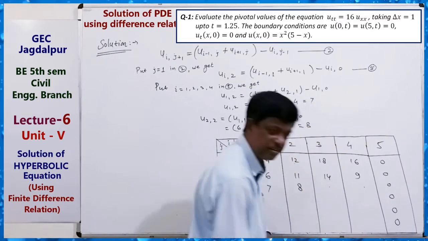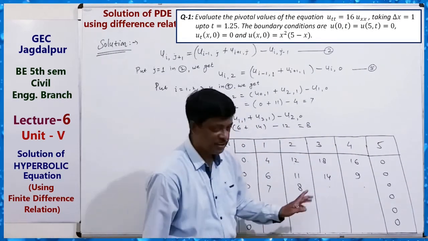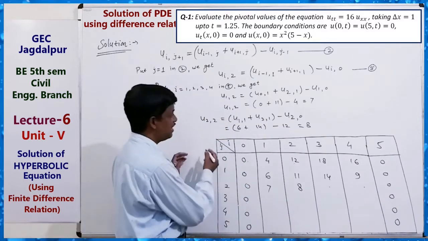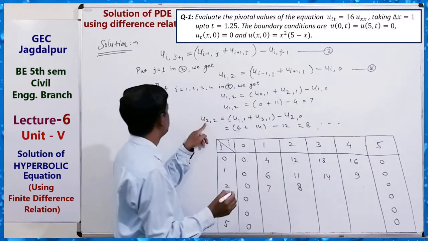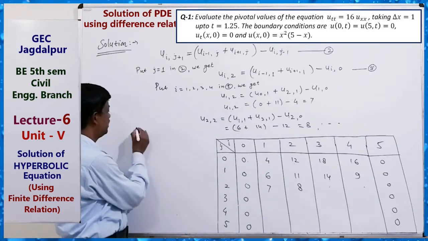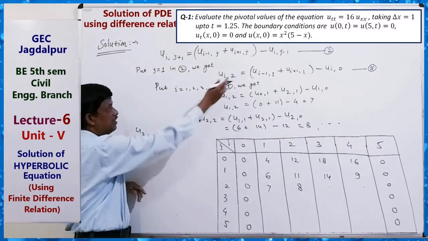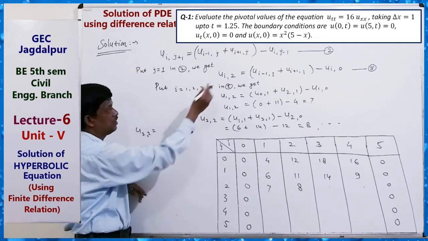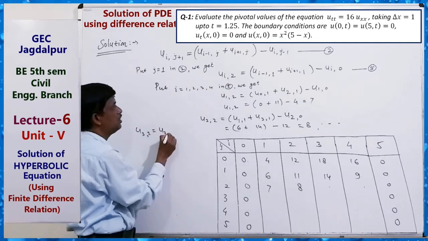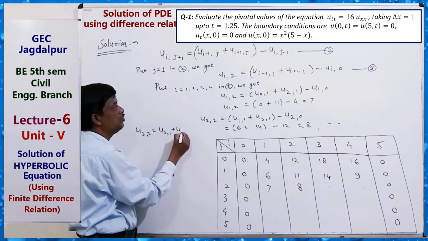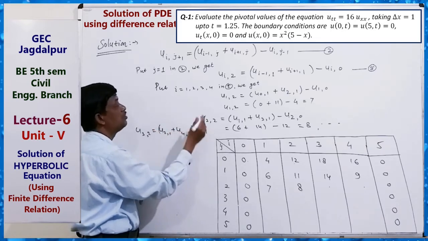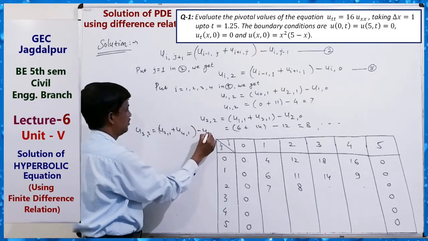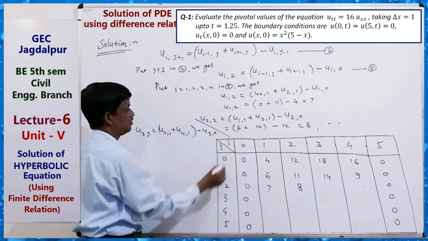Okay, 8. So now next step will be similarly, we can get u32 equals to u21 plus u41 minus u30.